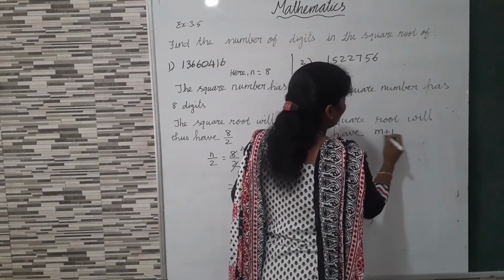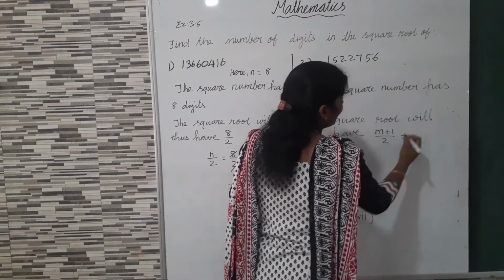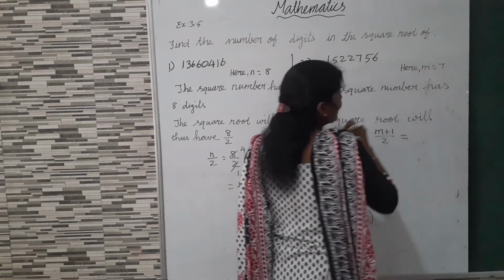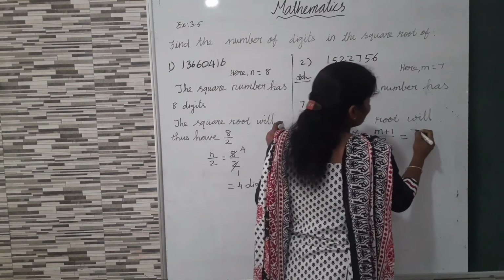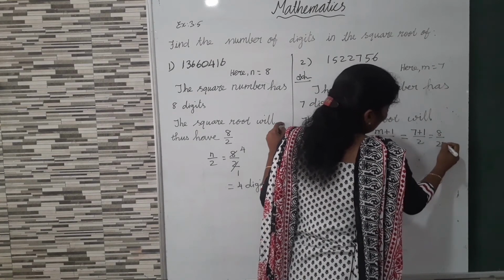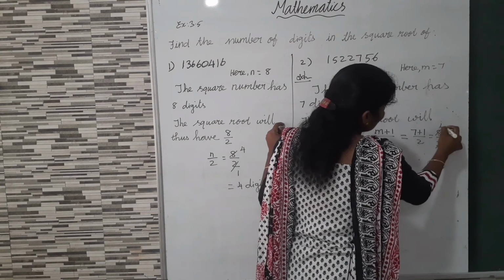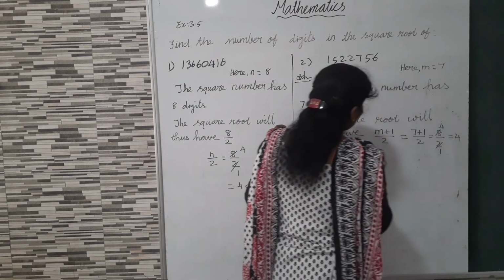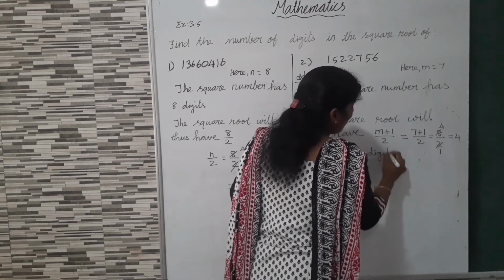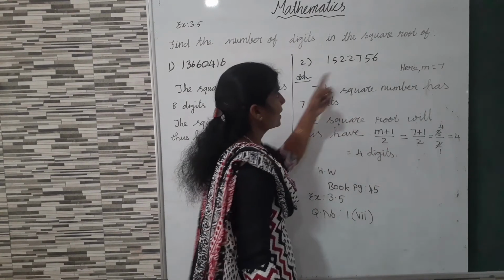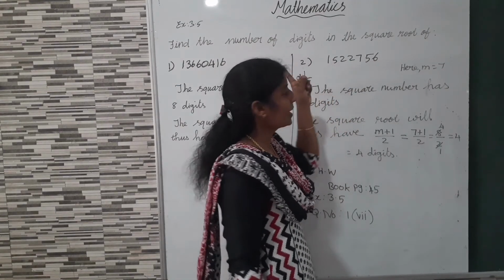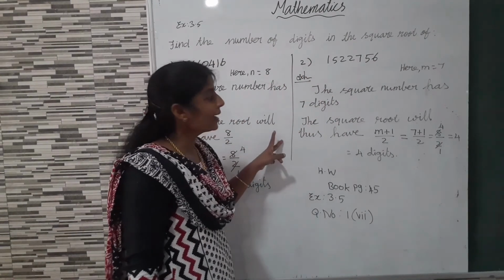Here m is equal to 7 digits. So 7 plus 1 by 2 equals 8 by 2. 1 2 is 2, 4 2s are 8, equal to 4. So 4 digits. Here the answer is 4 digits. Then how many periods? 1, 2, 3, 4 periods. Periods also 4. Clear?